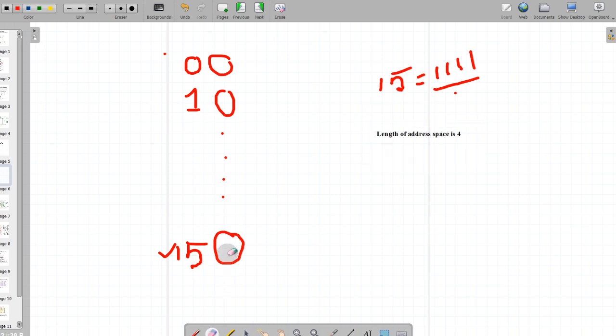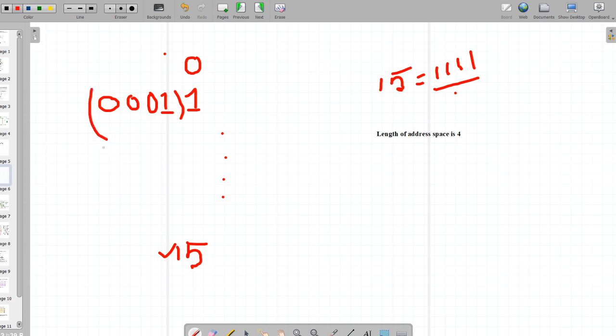So for this, you have to convert the decimal address to its binary address. The decimal address for the processor in question is 1 and its equivalent binary address will be 0001. Now you have to apply the shuffle exchange function.